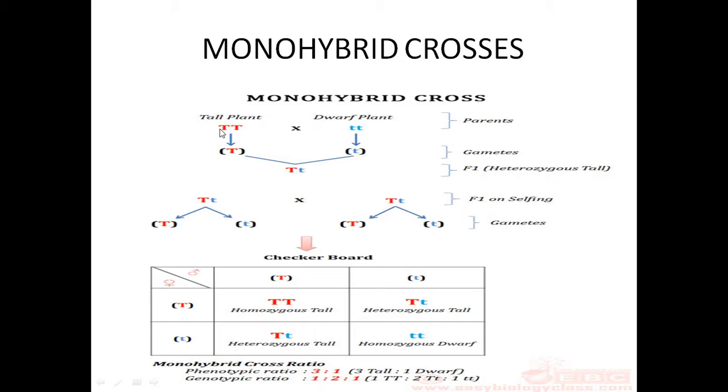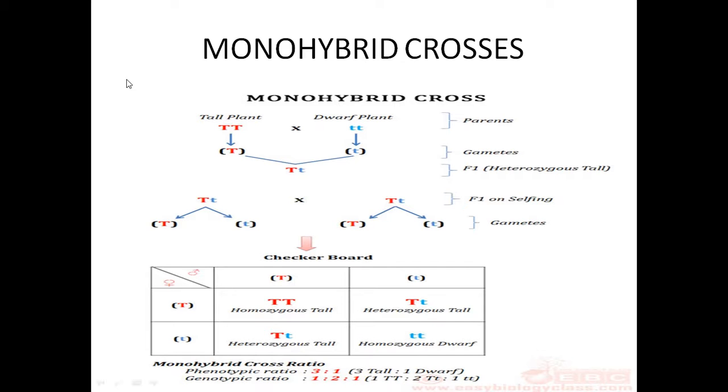These are the two parents with a single character, only tall and dwarf plants. We are considering here only one character. That's why it is called monohybrid cross.